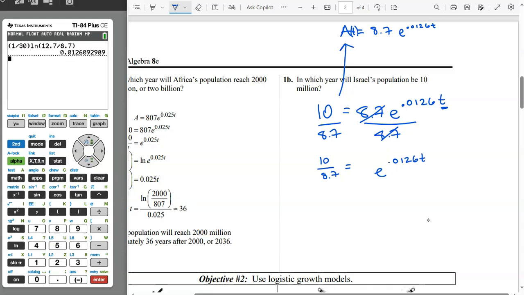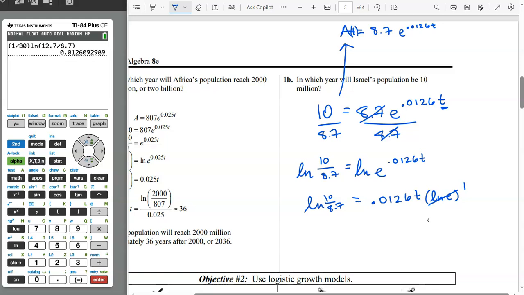We need to get the t out of this exponent, so we've got to use this natural log again. This power right here is going to go in the front, so on the left side, ln of 10 over 8.7 equals 0.0126t times ln of e, which is just 1.